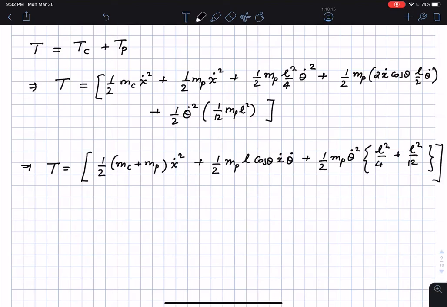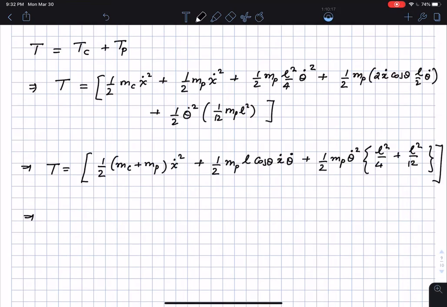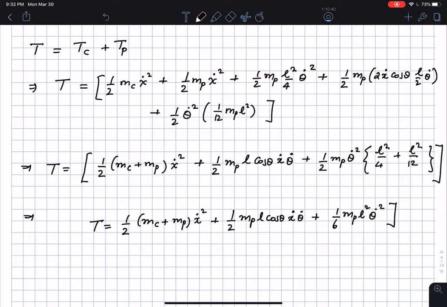Which essentially tells me that the total kinetic energy is half mc plus mp x dot square plus half mp L cos theta x dot theta dot plus 1 by 6 mp L square theta dot square.